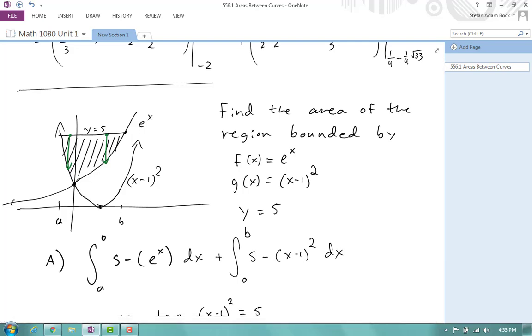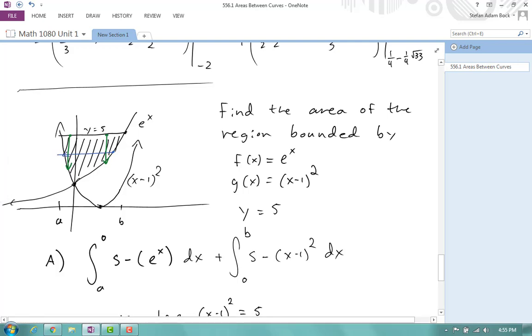So what that means is I'm going to be looking at the inverses of these functions. I'll deal with that in a minute, but instead of having a higher y value going down to a lower y value, I'll have a higher x value going down to a lower x value.